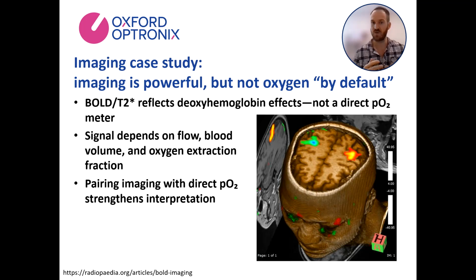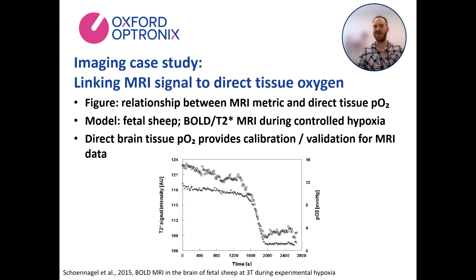The next example shows what this looks like when you explicitly link MRI metrics to tissue oxygen. So this fetal sheep study is a great example of that validation mindset. Here, a team combined an MRI oxygen sensitive metric with direct brain tissue oxygen tension measurements. And they show that MRI changes track oxygen dynamics during controlled hypoxia.